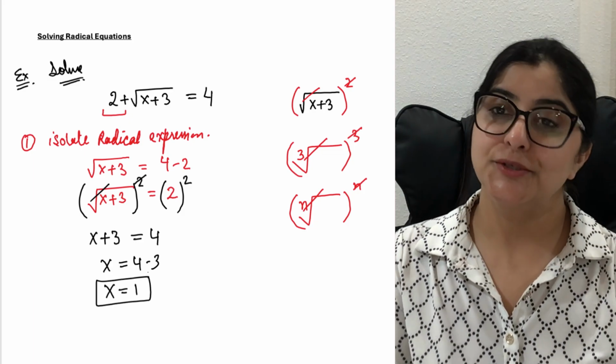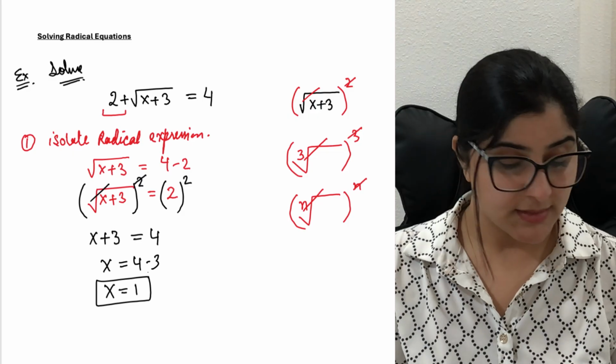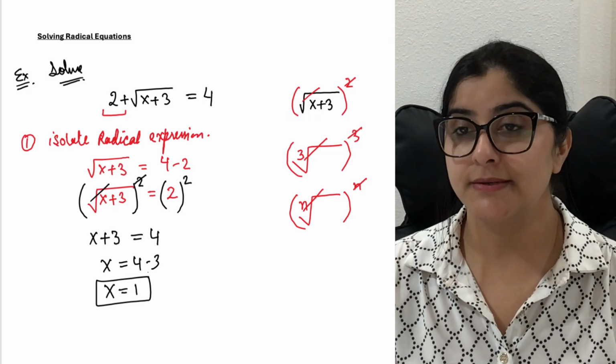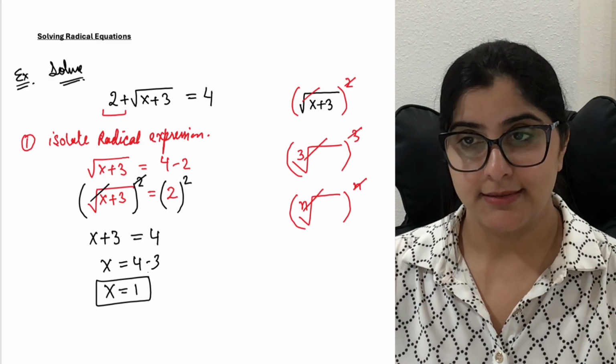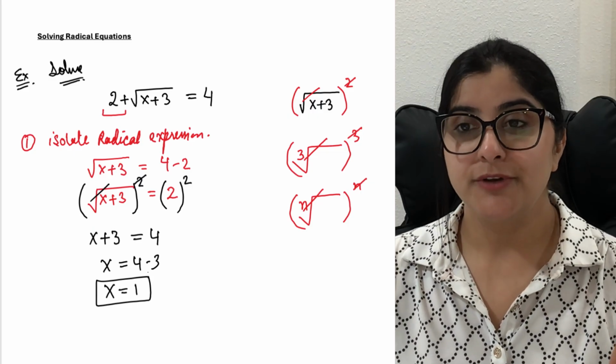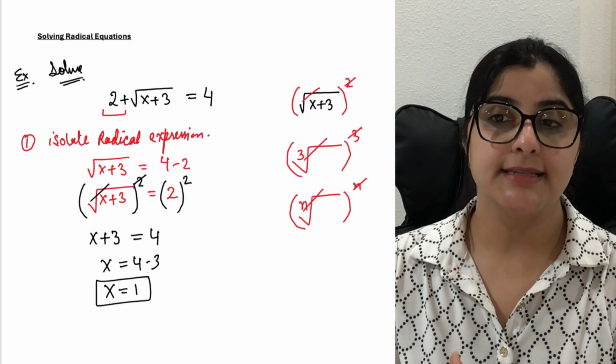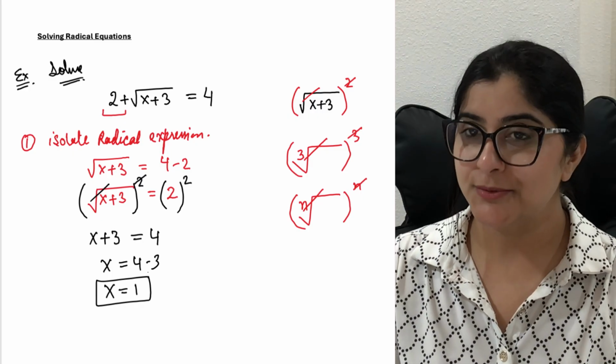So we get a solution of the radical equation. Whenever there is a radical equation, our aim is to clear the radical by taking the power that is equal to the root.